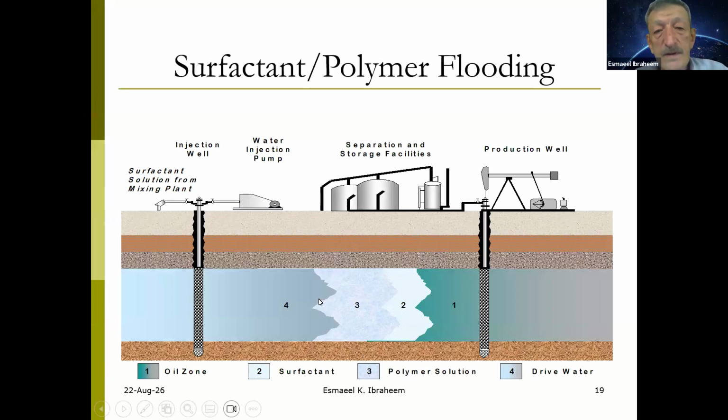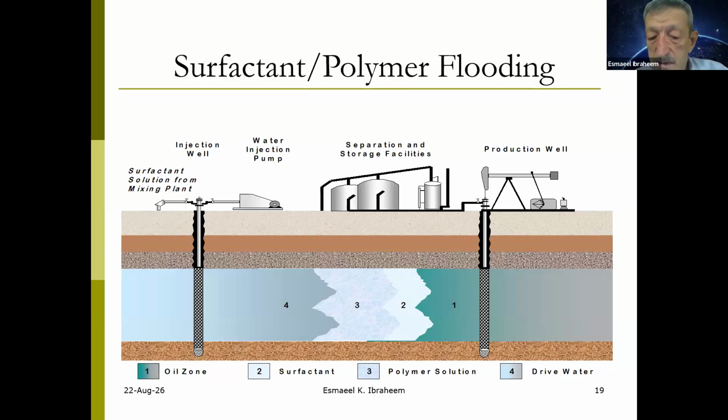Then we come to surfactant and polymer flooding. We have the same scheme of project, but here the polymer solution comes after the surfactant. Going from left to right: first, you have oil.